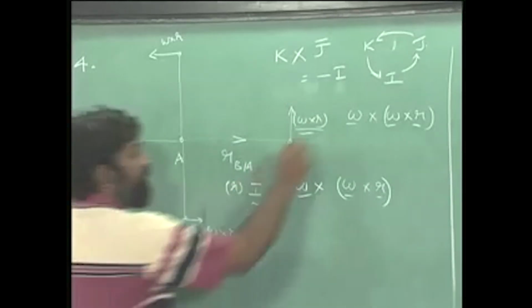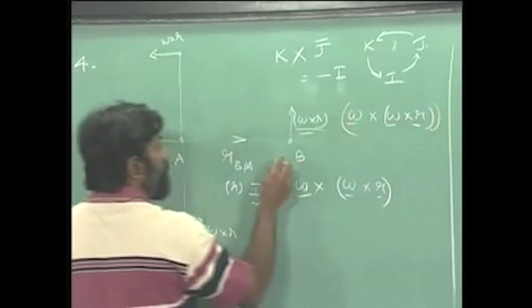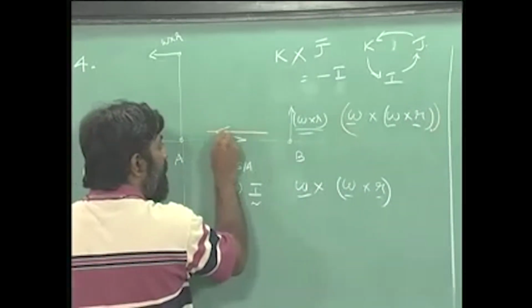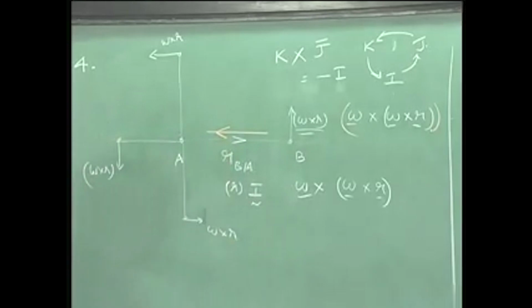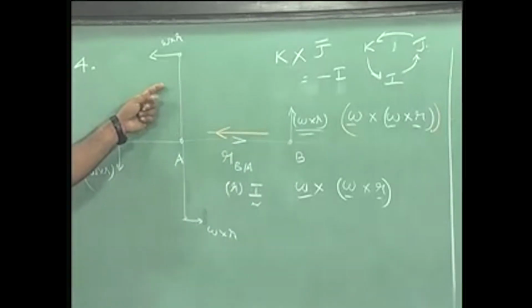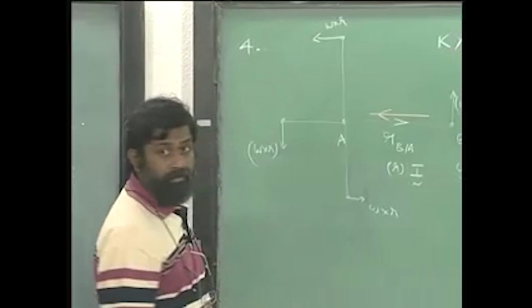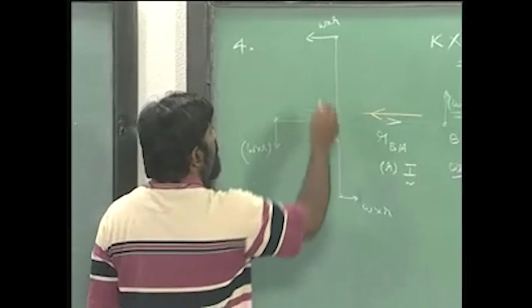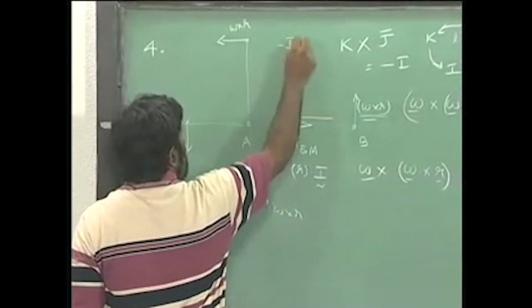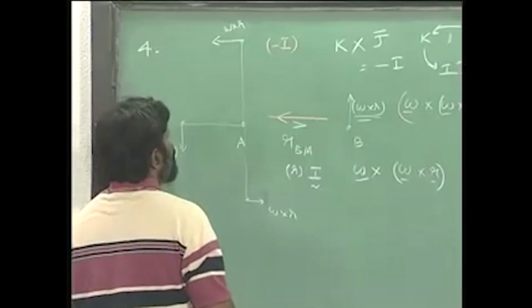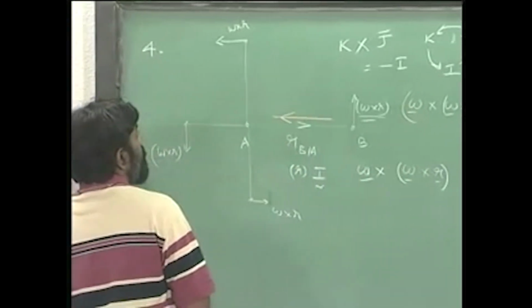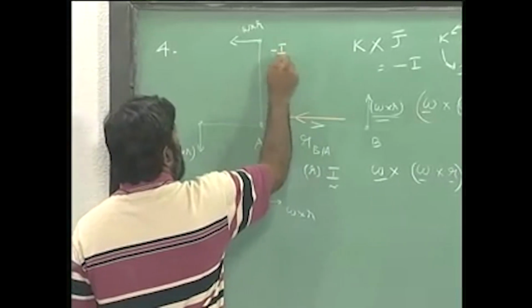The direction of this will be along this direction. You agree with me? Let us explore this. What is this direction? It is along minus i, correct? Minus i, right?